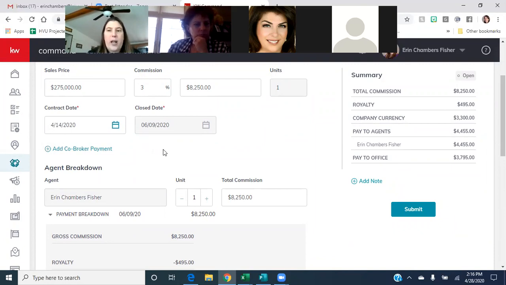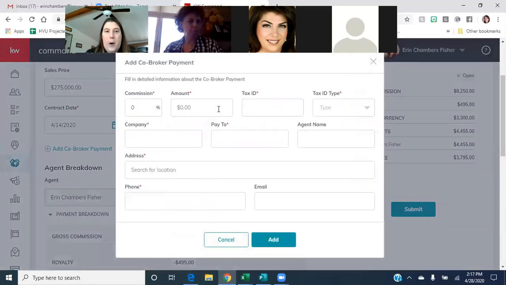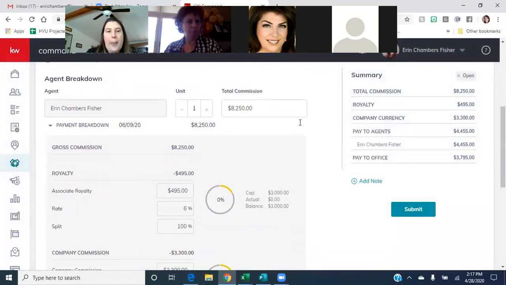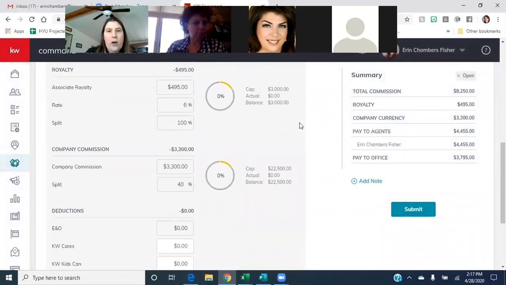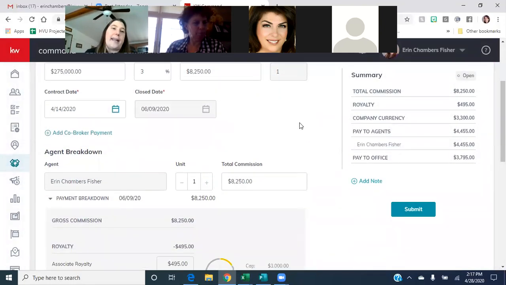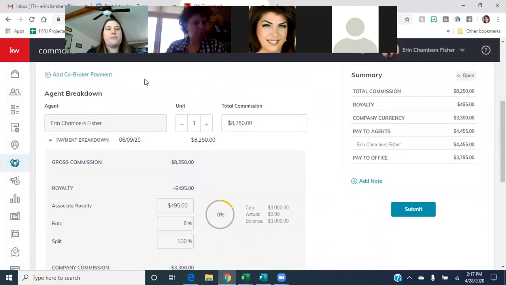So let's say, for example, on some REOs or on some foreclosures, they send the entire check to the listing broker, and you're able to add a co-broker payment here. You can also have this be the referral, but there's an easier place at the bottom to add a referral under the add item. So I would add it down there when we get down there.